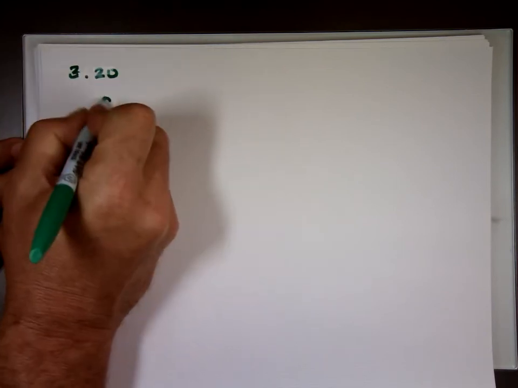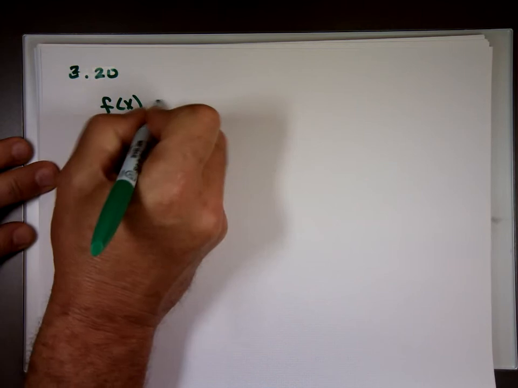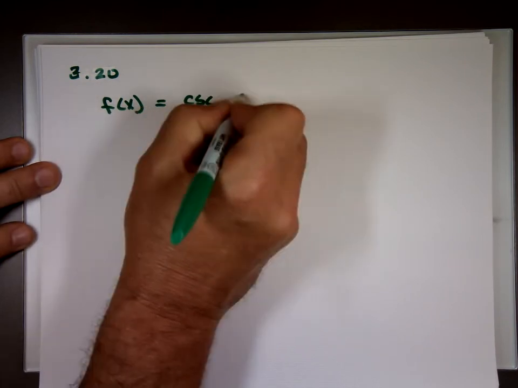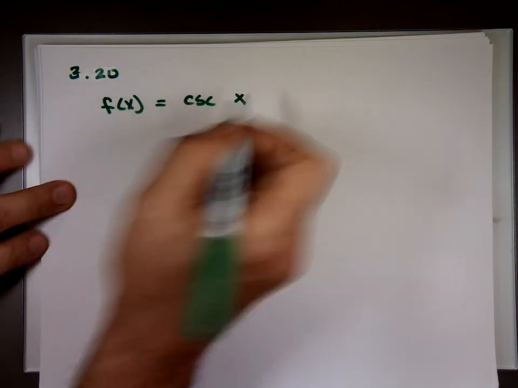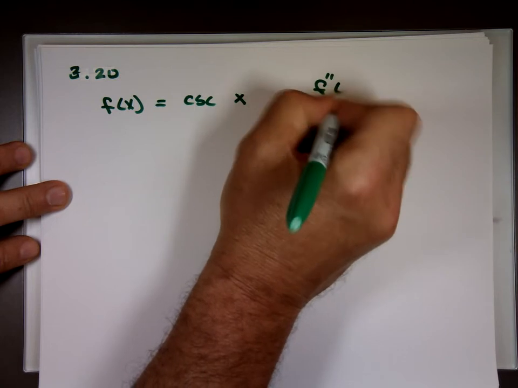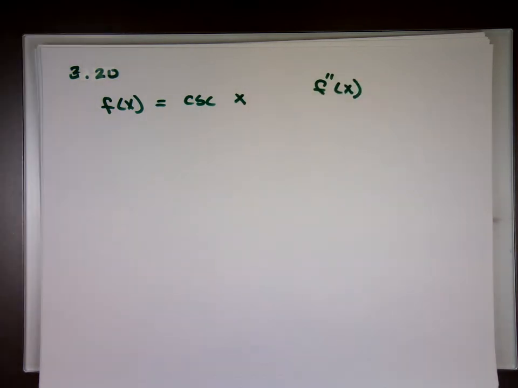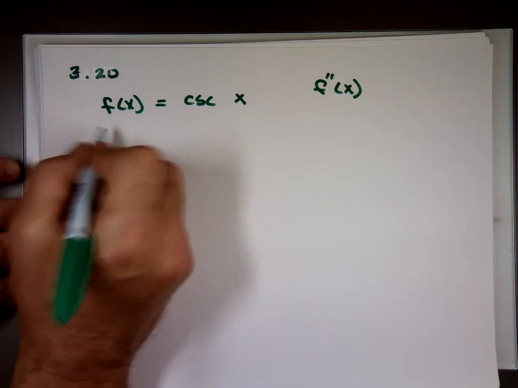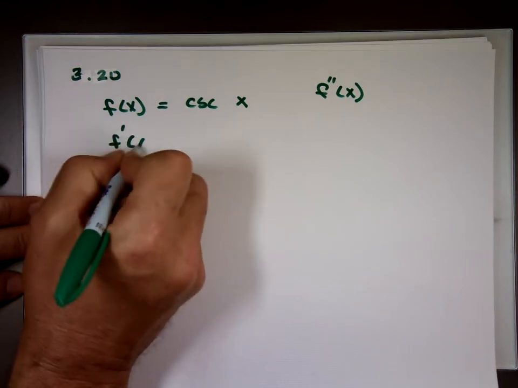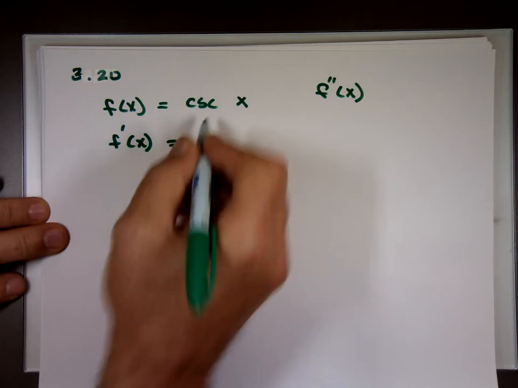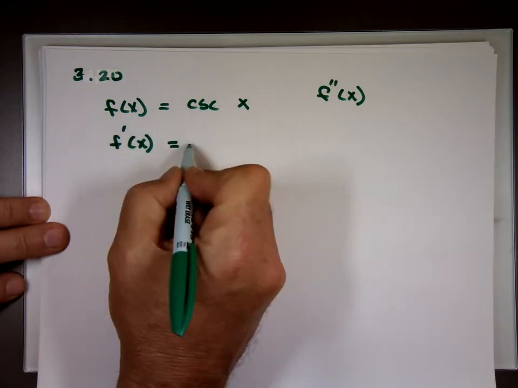F of x equals cosecant x, and the question: find the second derivative. Well, let's find the first derivative. The derivative of cosecant, if you memorize them, is negative what?